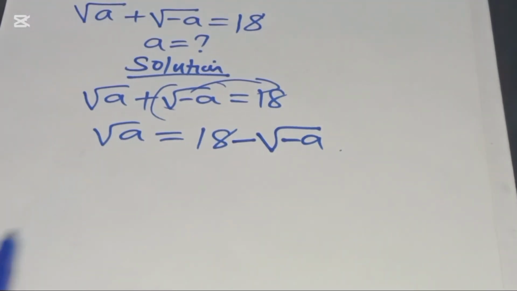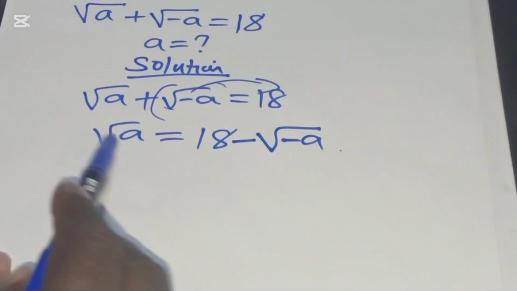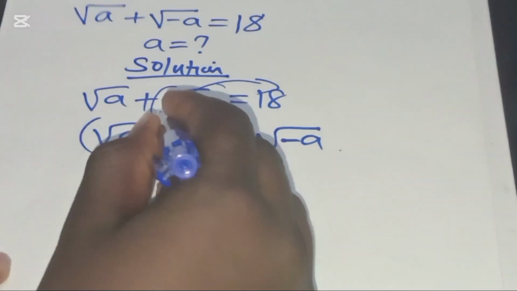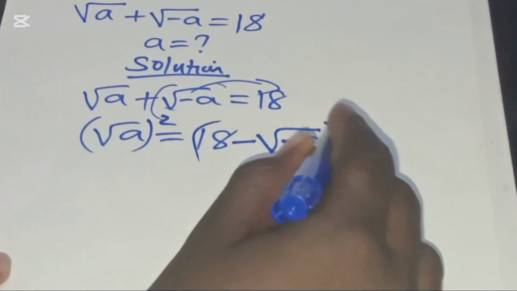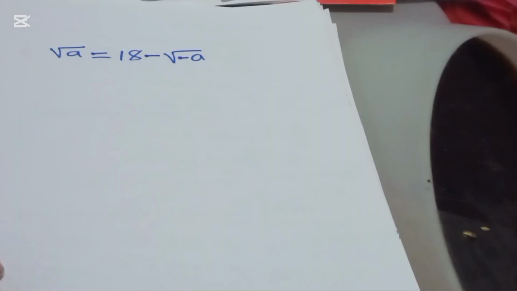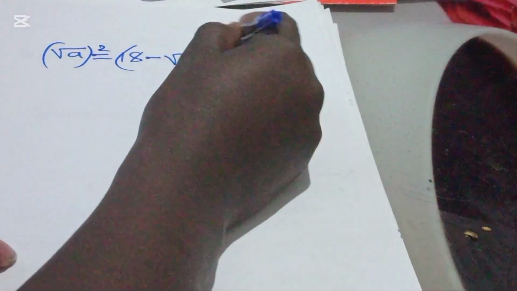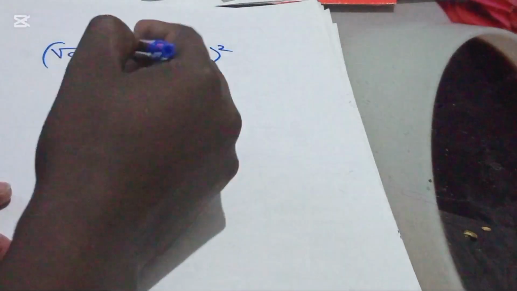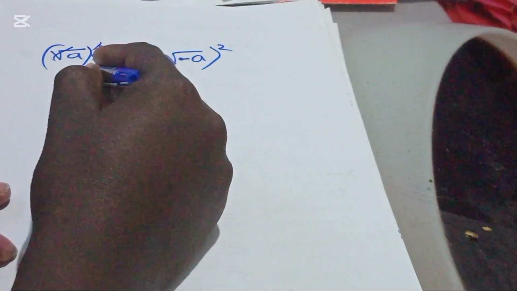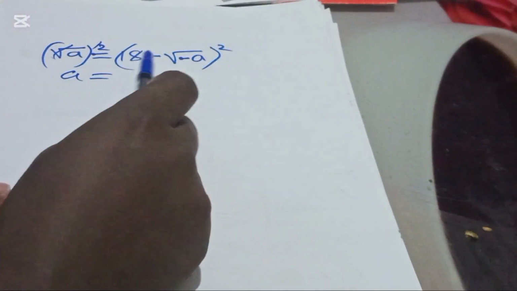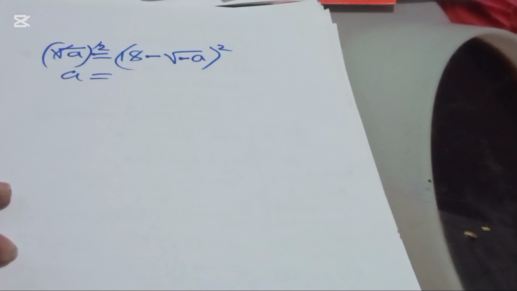To solve for the value of a, we square both sides, so that we eliminate the square root sign and a is equal to 18 minus the square root of negative a, squared.